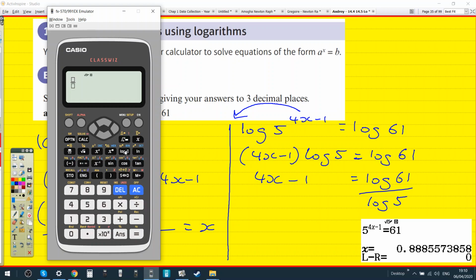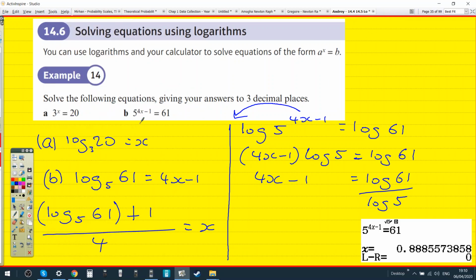I used to just have a default log button. I'm just going to use base 10 as the default. So that's log 61 over log 5, base 10 again. So to that answer, we would do plus 1 and then divide it by 4, and we would get the same thing. So I suppose your initial one would work.